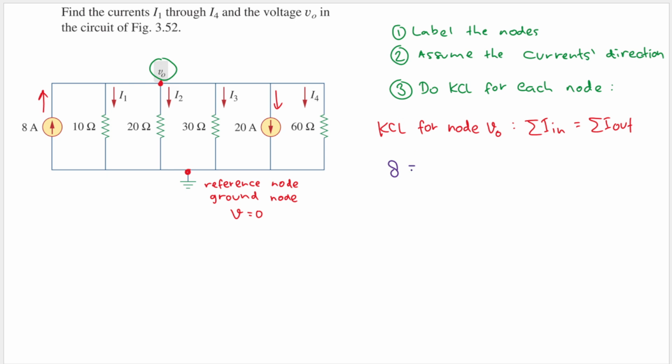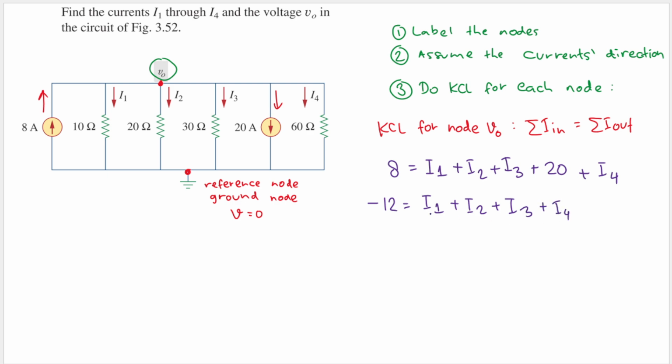So we have 8 equals I1 plus I2 plus I3, plus 20, plus I4. Now let's subtract 20 from each side, so we have minus 12 on the left-hand side and I1 plus I2 plus I3 plus I4 on the right.